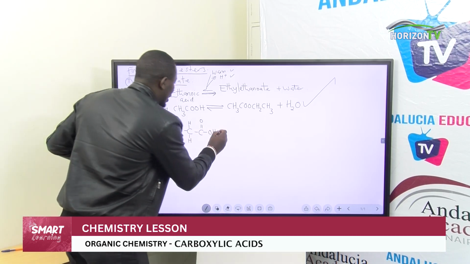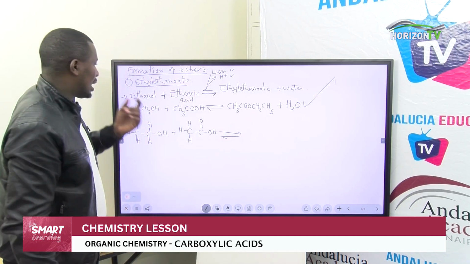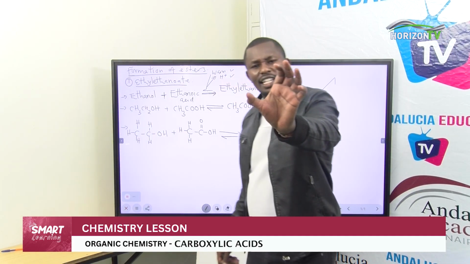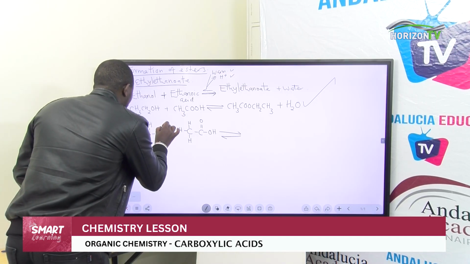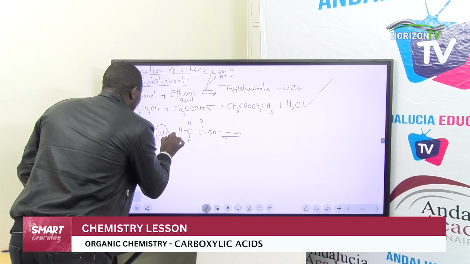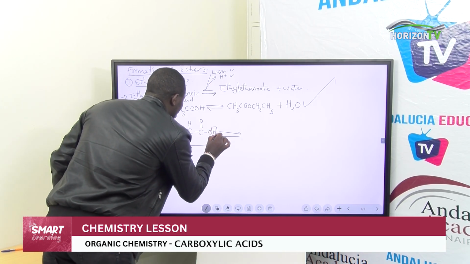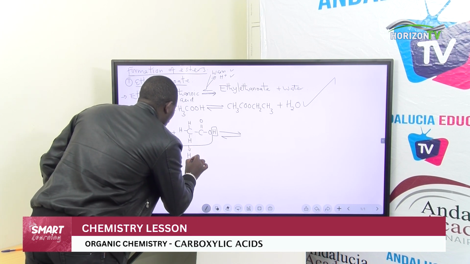But now, let's see how we arrive at what we have here. Normally what happens is that a water molecule is released. So this part forms a water molecule. This oxygen is tied to the hydrogen from the carboxylic acid part to release a water molecule, H2O.